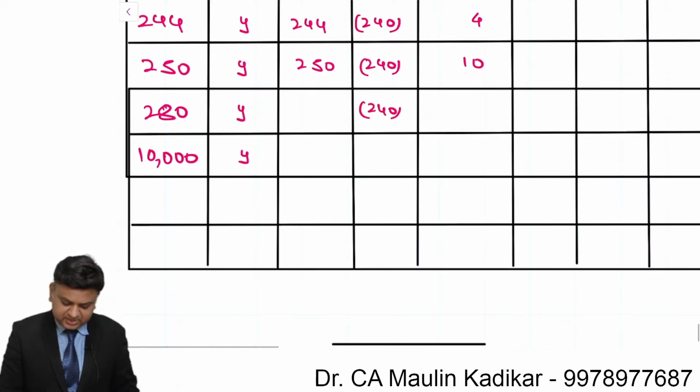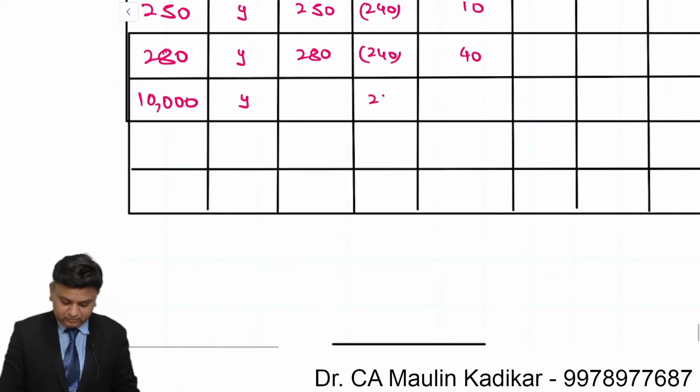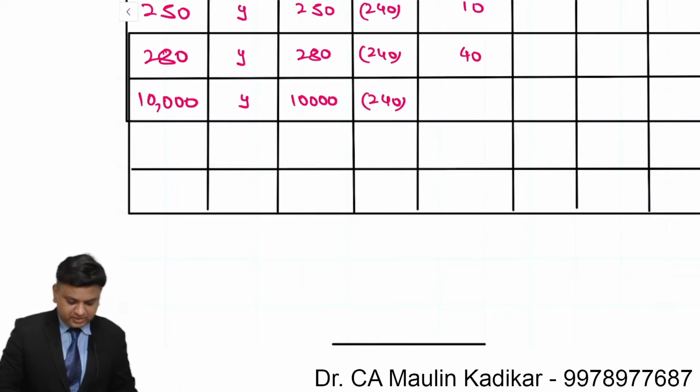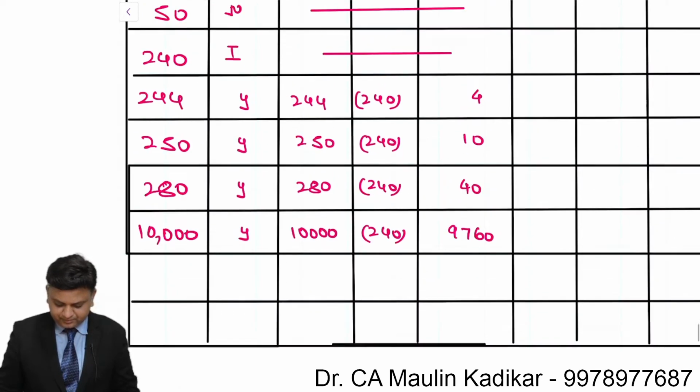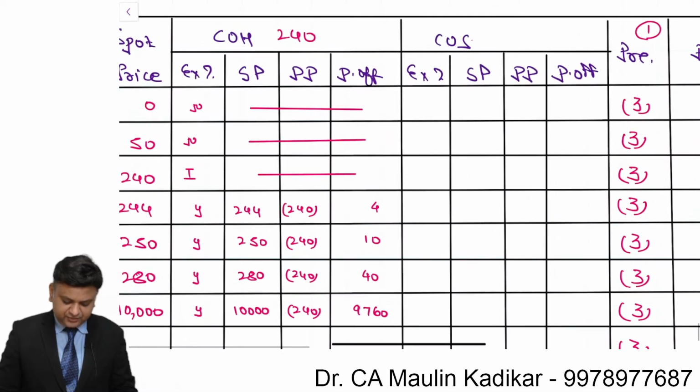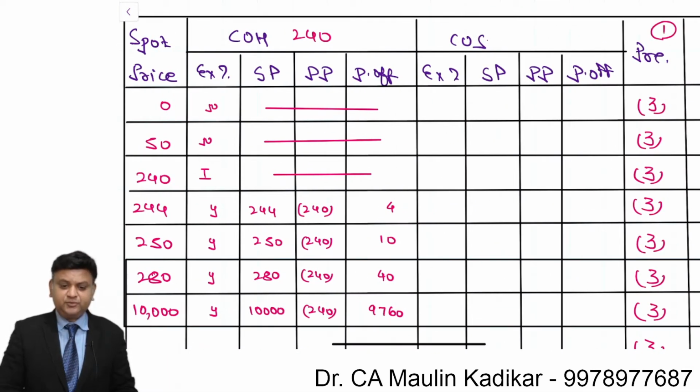Again 240 is the purchase price, 280 is the sale price, so 40 rupees is the payoff. 240 is the purchase price, 10,000 is the sale price, so you will receive a payoff of 10,000 minus 240, that comes to 9760. This is the way you will receive the payoff for the different spot prices of the equity share exceeding 240.